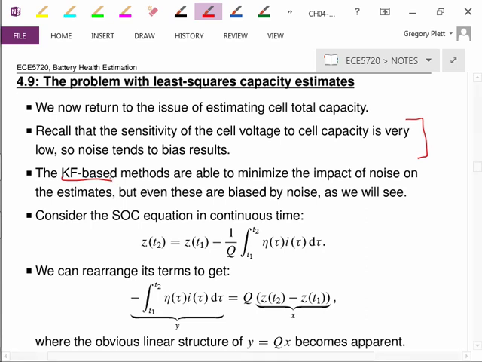Here we're going to at least discuss the origin of the problem in this section, and over the next sections we're going to talk about, well, how do you deal with it? How do you remove this problem?